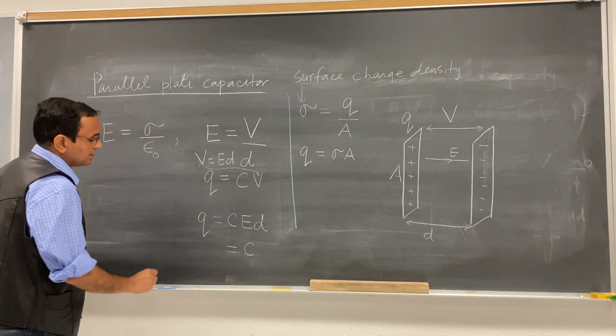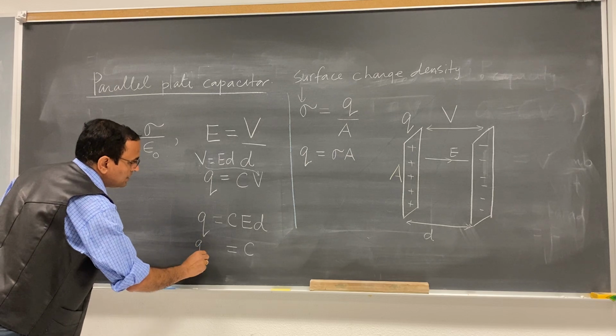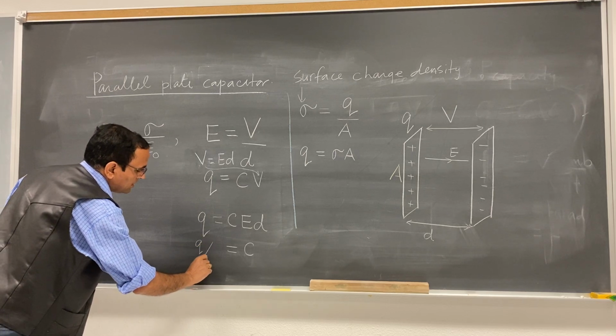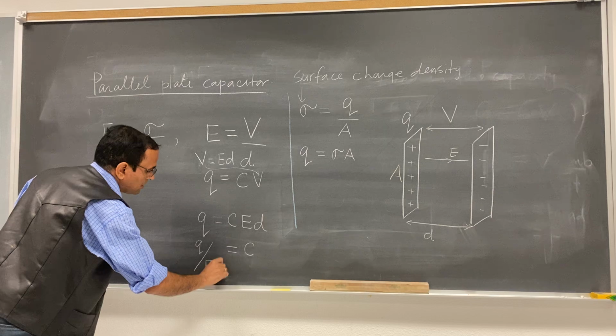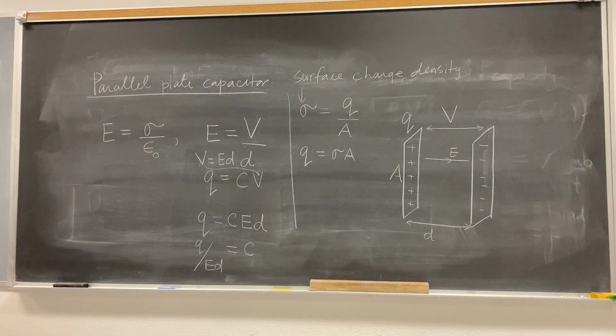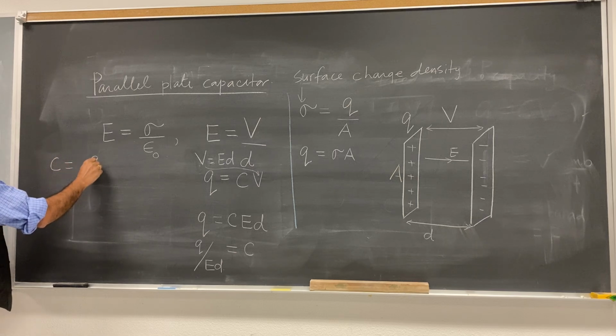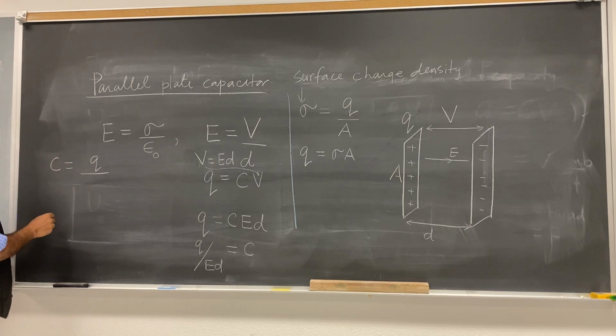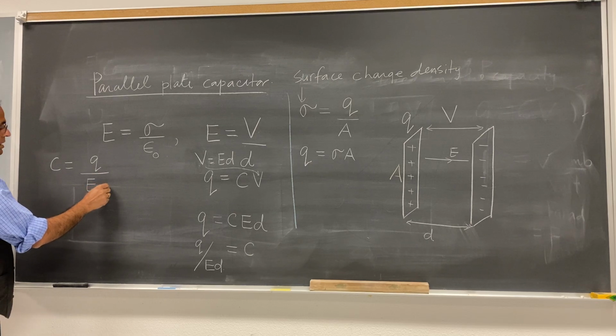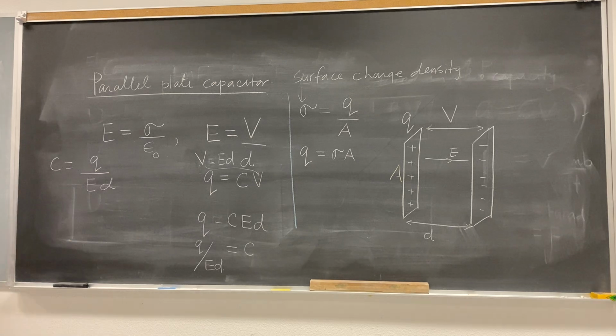C is Q divided by E times D. Let me rewrite: C equals Q divided by E times D.